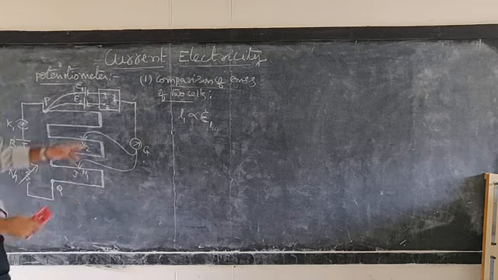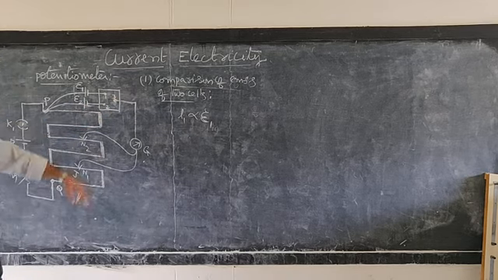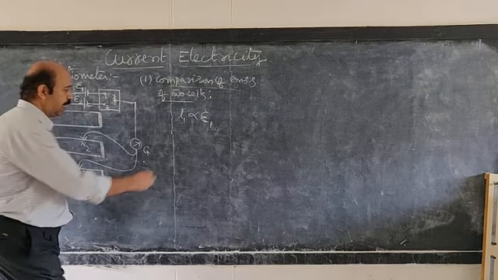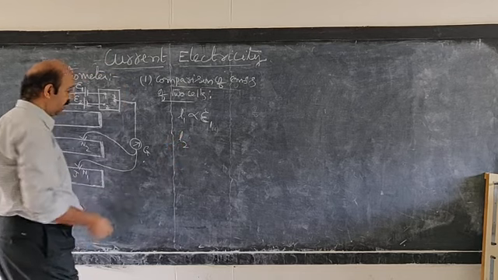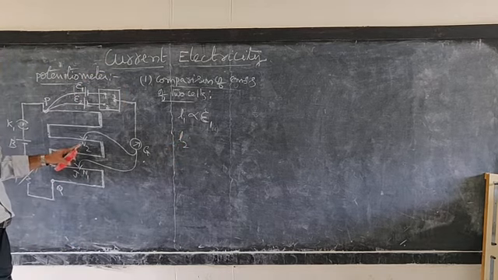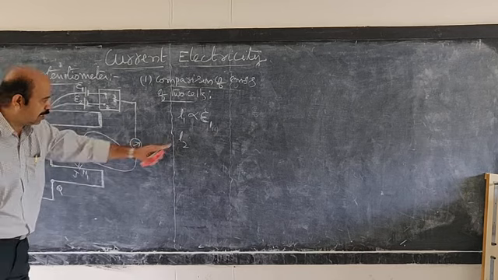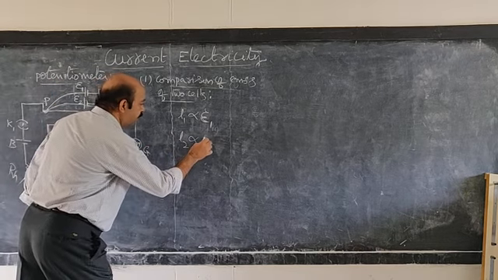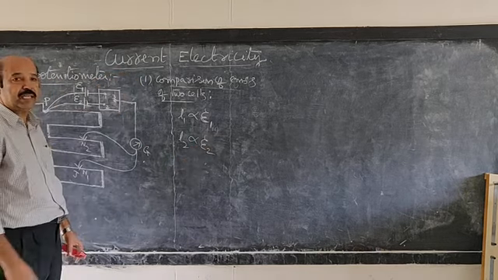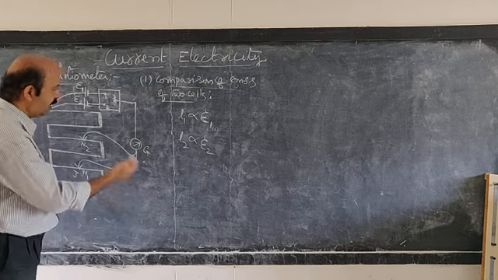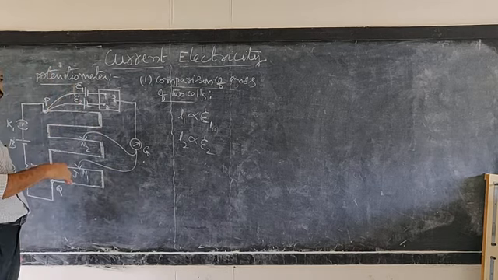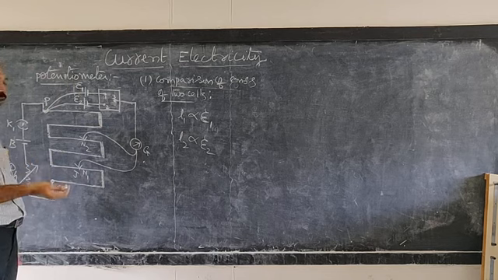Similarly, when you connect points 2 and 3, the second cell is brought into connection, and suppose that balancing length is L2, then this must be proportional to the EMF of the second cell. Or you can write like this: E1 is equal to 5L1, E2 is equal to 5L2.